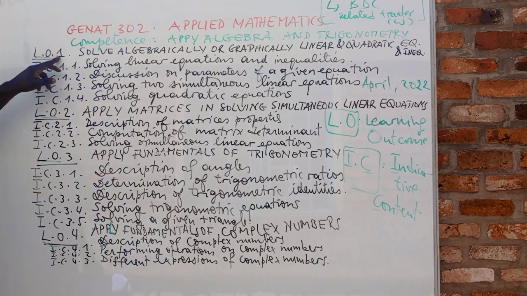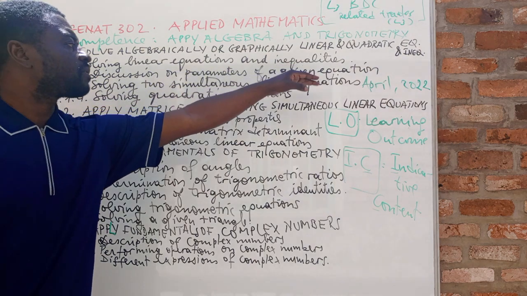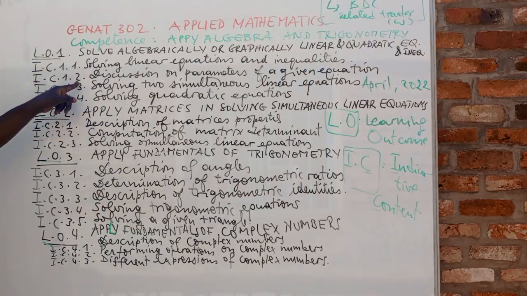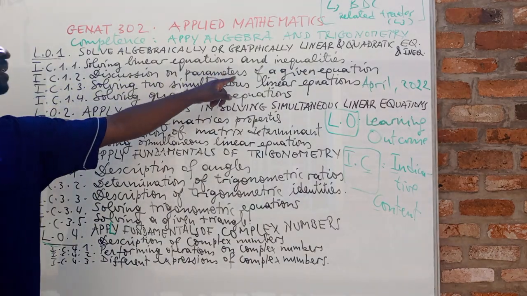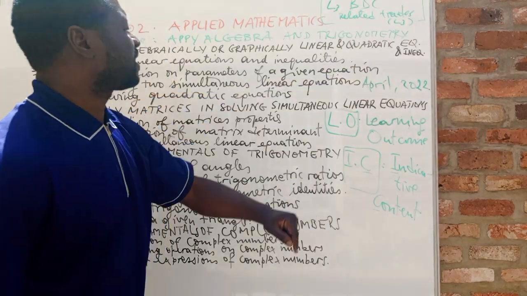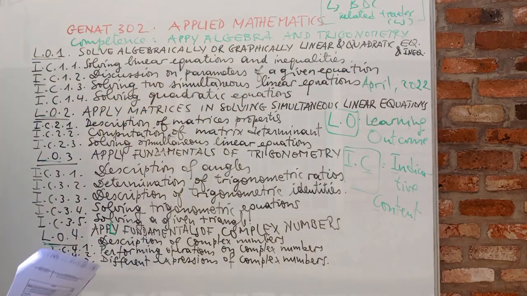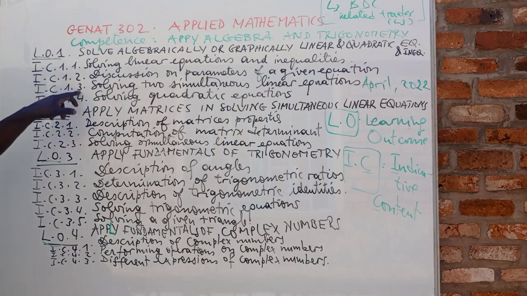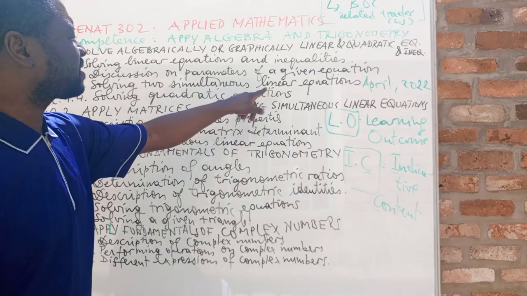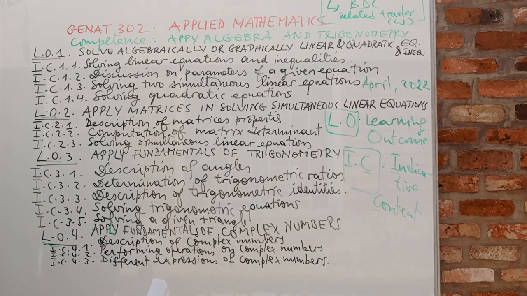Learning outcome number 1 is comprised of 4 indicative contents. The first one is solving linear equations and inequalities. The second one, discussion on the parameters of a given linear equation or quadratic equation. Indicative content number 3, solving 2 simultaneous linear equations.